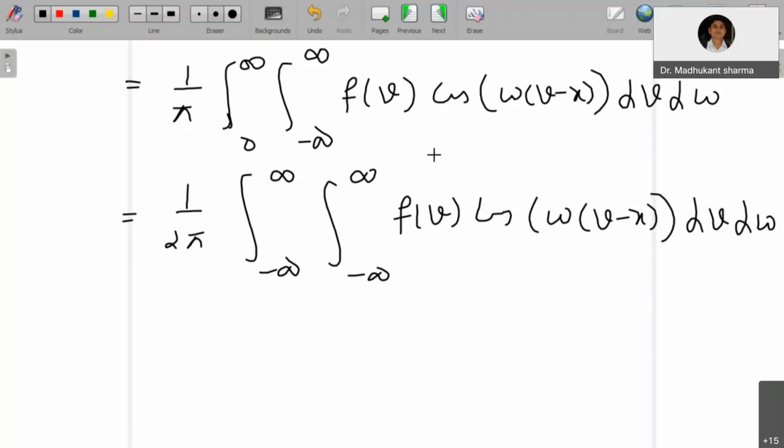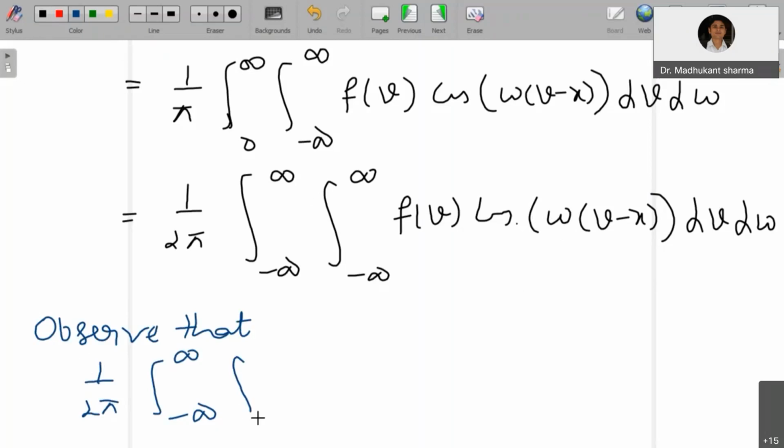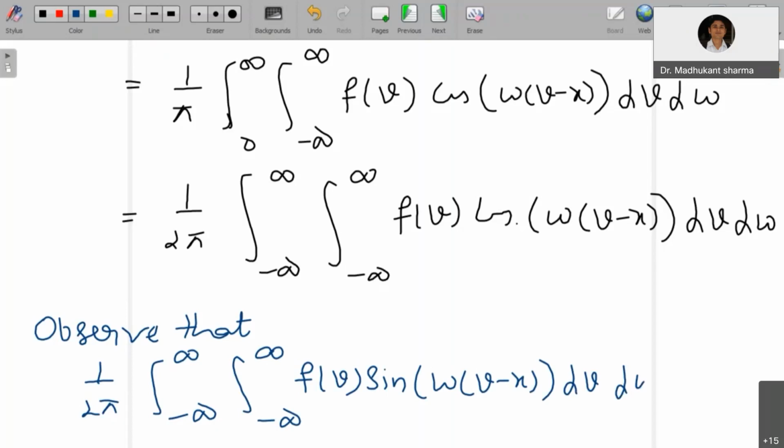Okay, so we can make this alteration here. Now, by following the similar concept that the cos function is even, one can claim, or you can observe, that 1 upon 2 pi integration from minus infinity to plus infinity, integration from minus infinity to plus infinity of f of v times sine of w times (v minus x) dv dw is 0.